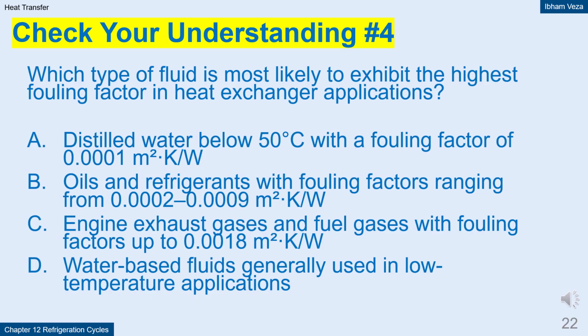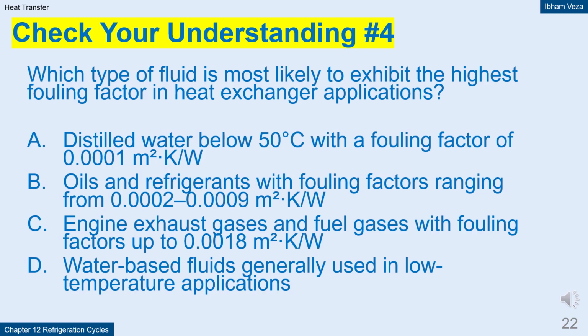This is incorrect because distilled water has the lowest fouling resistance, making it unsuitable as a candidate for the highest fouling factor. B. Oils and refrigerants with fouling factors ranging from 0.002 to 0.009 meters squared Kelvin per watt.